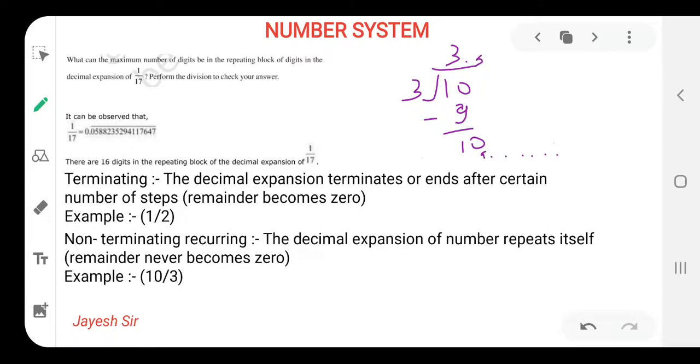That means this process keeps on repeating. The number 3 keeps on repeating itself, and we will not obtain the remainder as 0. So that's why such terms are said to be non-terminating recurring. I hope you all have cleared the concept.